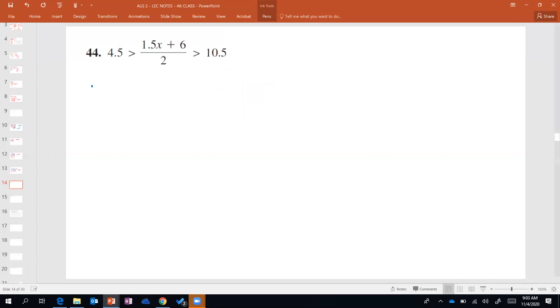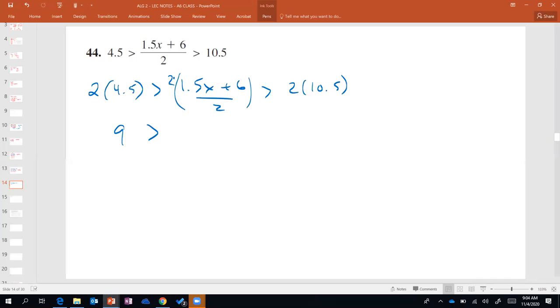So you guys said multiply by 2. That's perfect. 2 times 4.5. (1.5x plus 6) all gets multiplied by 2 as well, right? That's the whole point. That's 9. That's 1.5x plus 6.